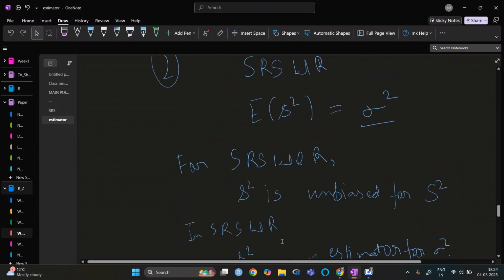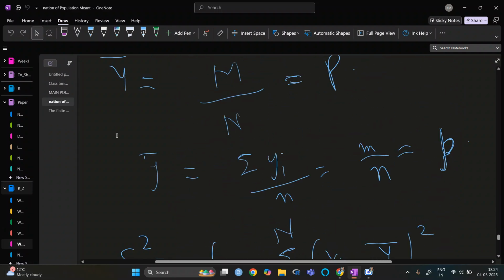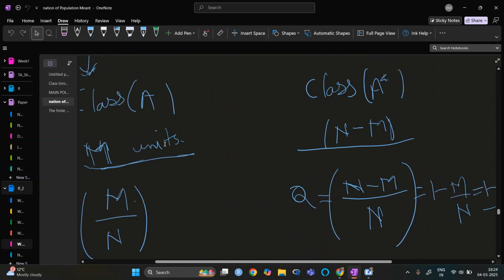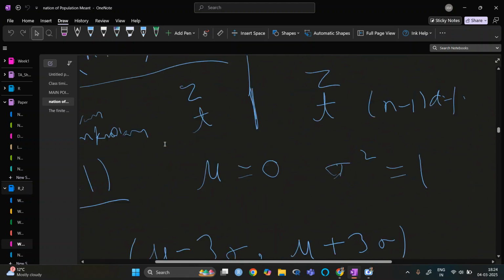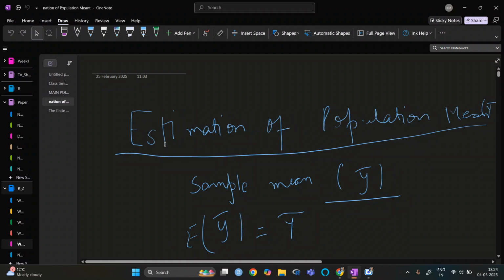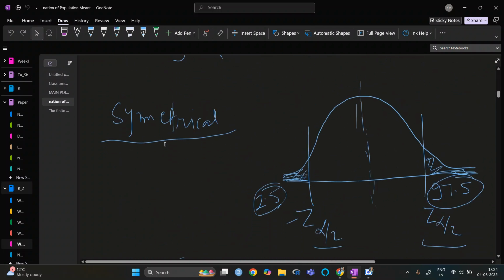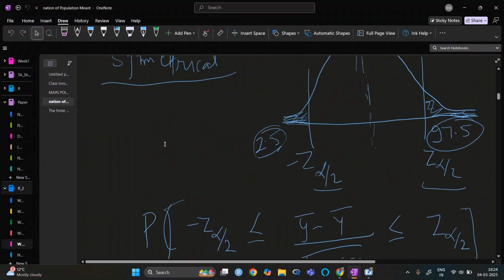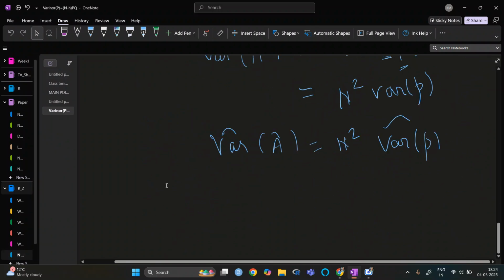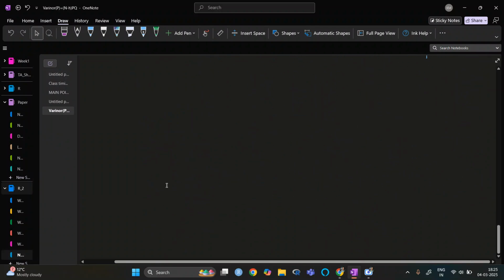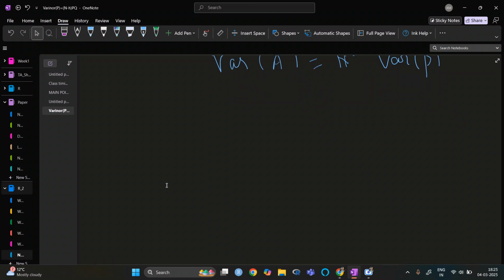The next thing we saw here is the confidence interval. Again, the need for a confidence interval is the same as we have done in the time of population mean.